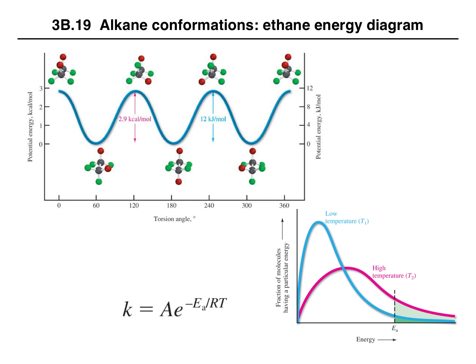Now, how much of a barrier is this? At room temperature, half of the molecules in a sample can go from one staggered conformation to another staggered conformation in 10 to the -6 seconds. So that is really, really fast. So this barrier to rotation is not really a barrier.